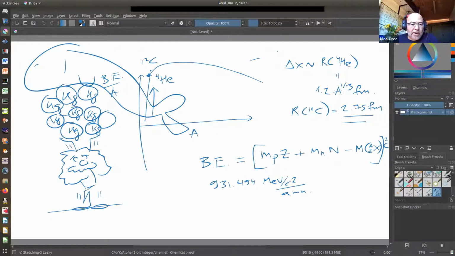All right, now the same thing happens with charges. The more positive charges, obviously, the larger will be the Coulomb force. But what happens if you add protons and neutrons together?